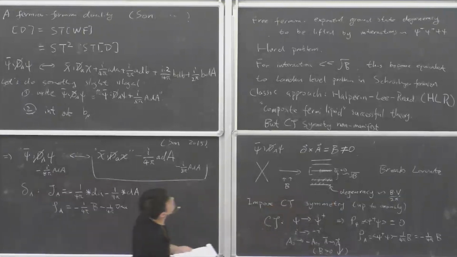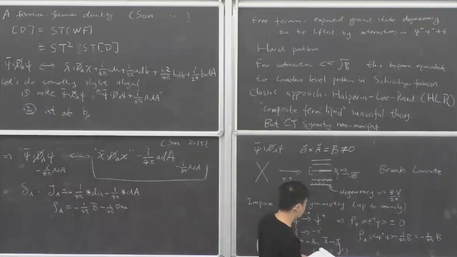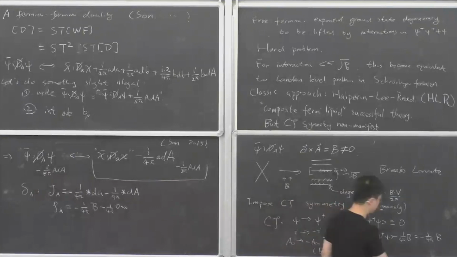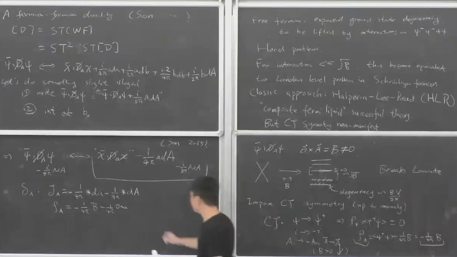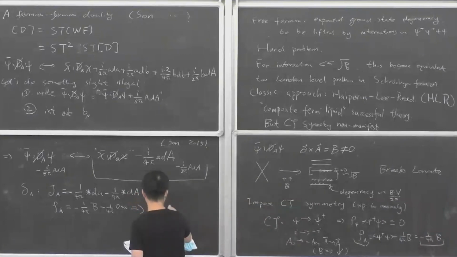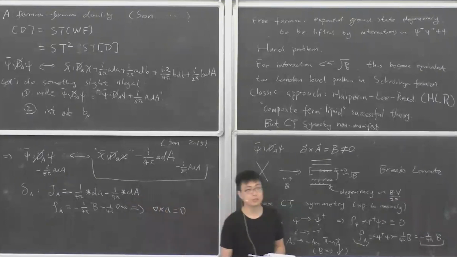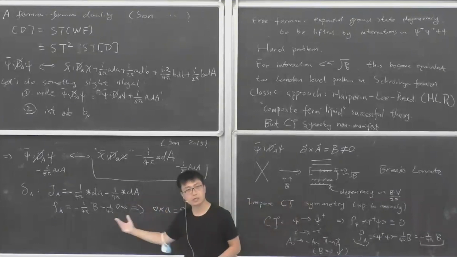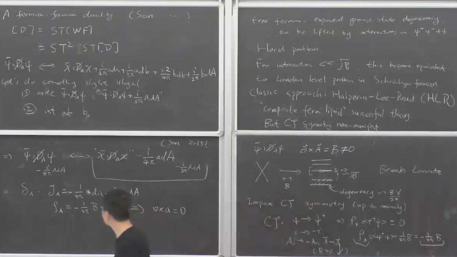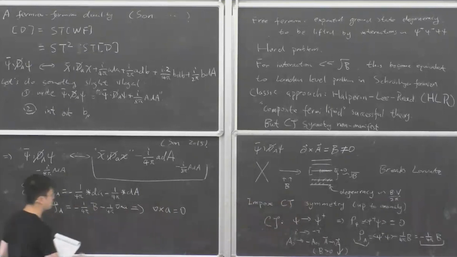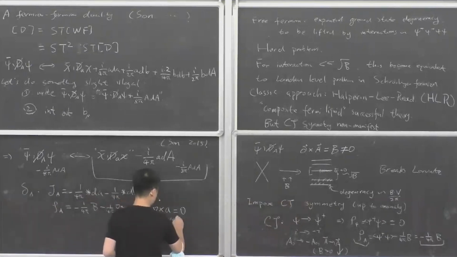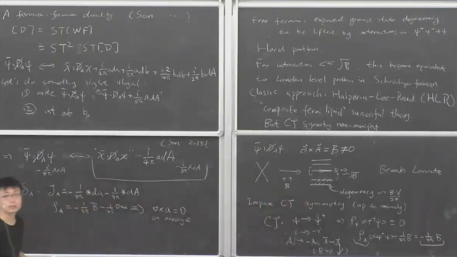But as I already mentioned here, the total charge is just the flux density divided by 4 pi, which then means that the little a has zero field strength on average. I mean, there will always be higher derivative corrections, but on average, if you like, the expectation value of this curl a is 0.